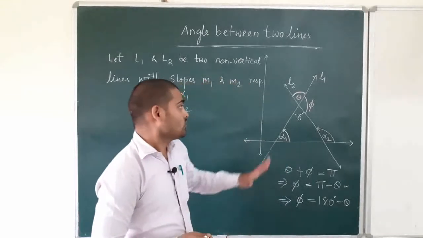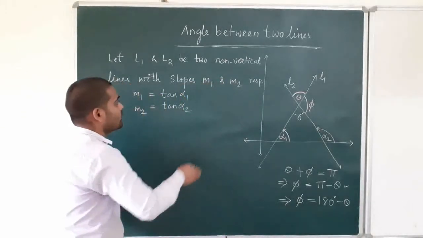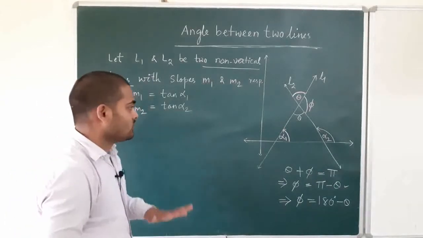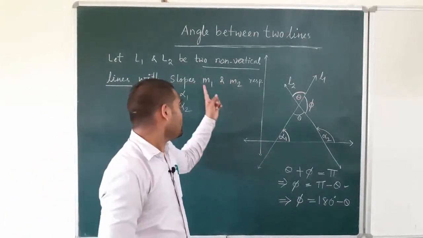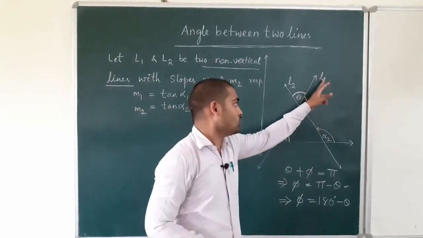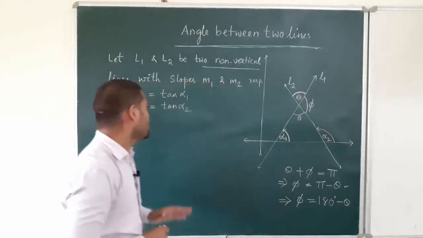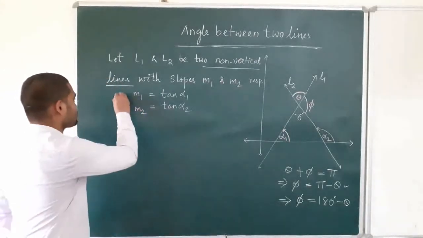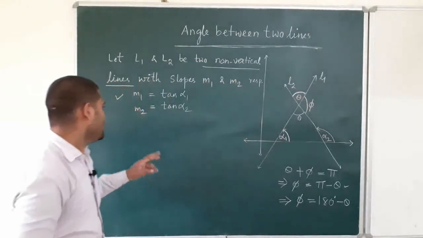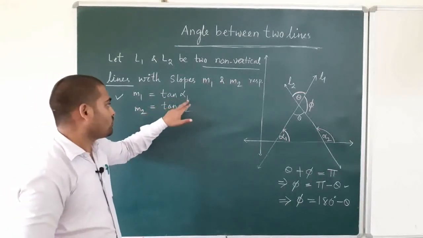So both L1 and L2 are non-vertical lines, and let m1 and m2 be the slopes of lines L1 and L2 respectively. The slope of the line L1 is m1, that is equal to tan alpha 1.